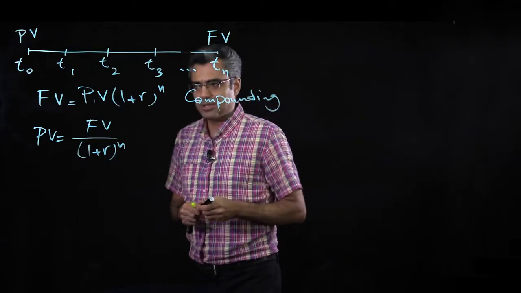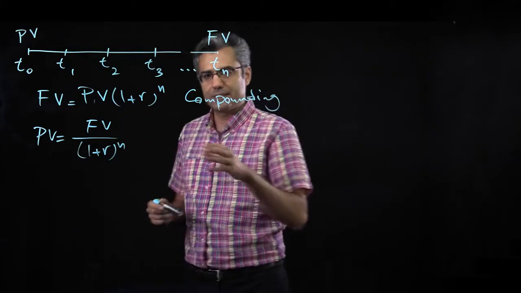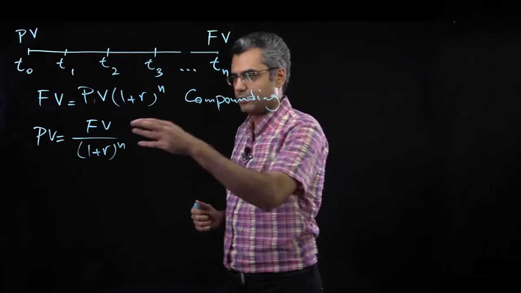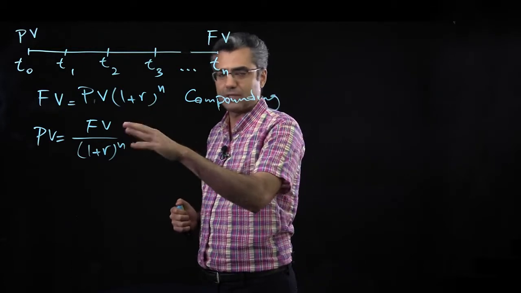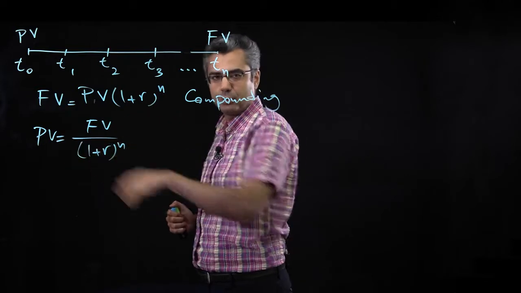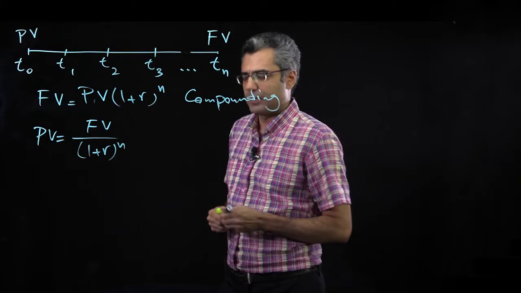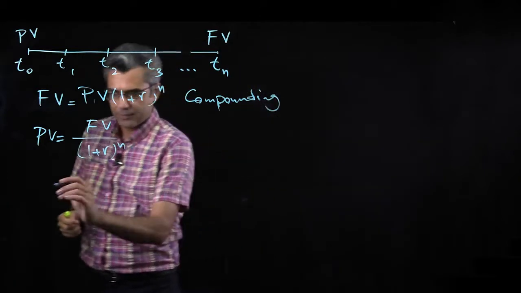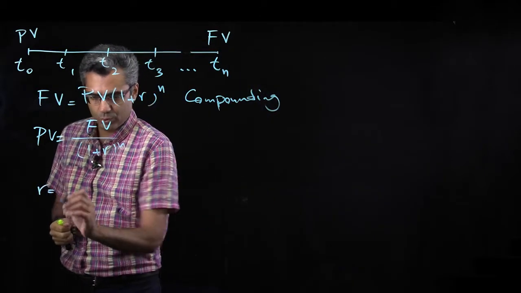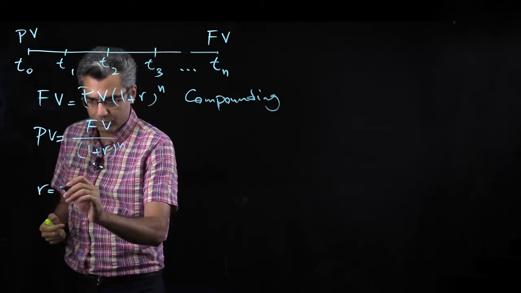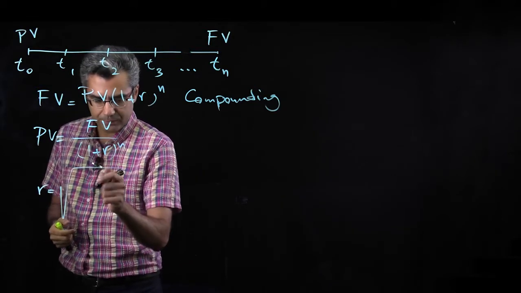For example, sometimes we know we will receive maybe $1,000 next year, and we know what's the value today. Now we want to compute the interest rate. So we can write the formula based on R. It means we want to compute R. So the same formula.